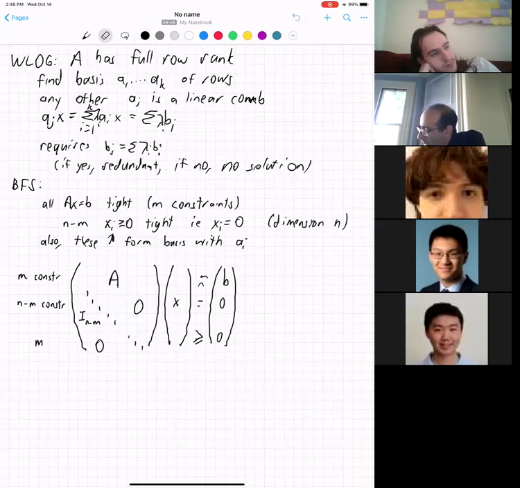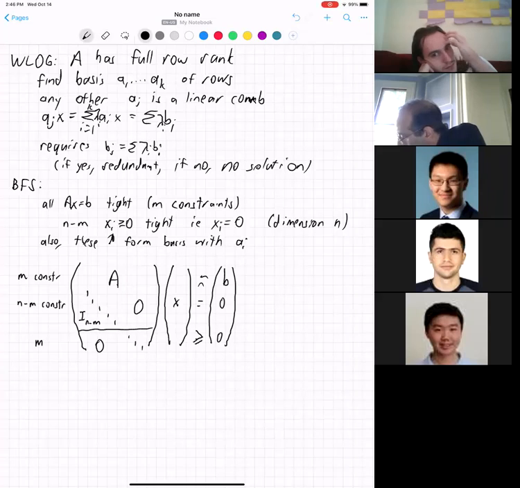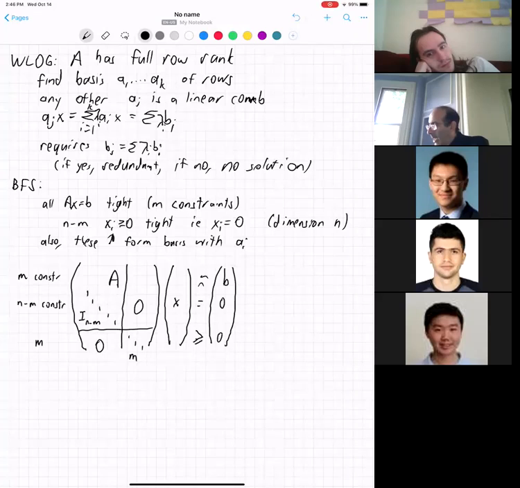Everybody following my picture? Okay. And you'll notice that here, again, there are m of these xi's that are in the not necessarily tight category, right? And m corresponding columns of the A matrix. All right.